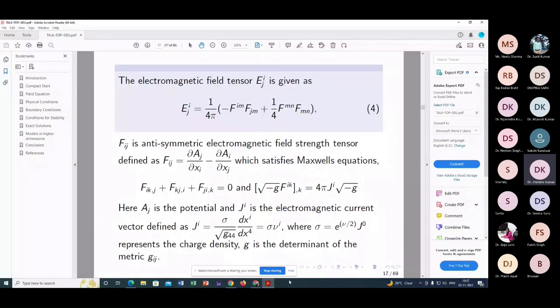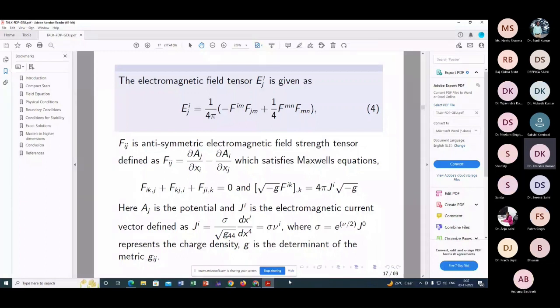Here Aj is the potential and Ji is the electromagnetic current vector, defined as Ji equals sigma over square root g44 times dxi over dx4, equal to sigma nu i. Sigma is defined as e raised to the power nu by 2 times J0, which represents the charge density, and g is the determinant of the metric tensor.